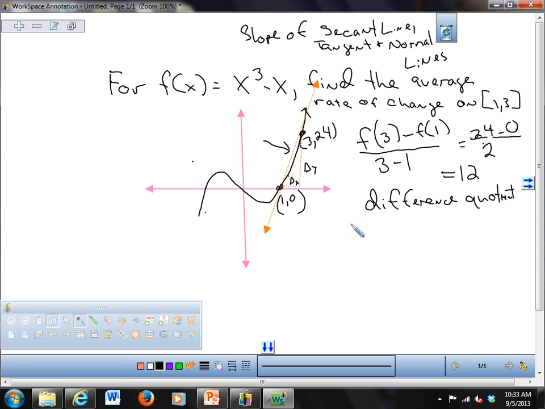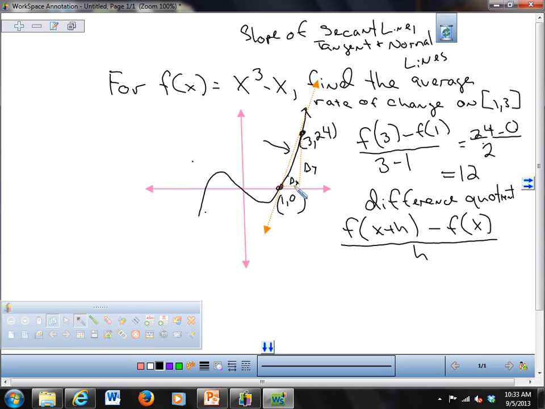And in general, that would look like f of x plus h minus f of x over h, where h is the distance from here to here, right?